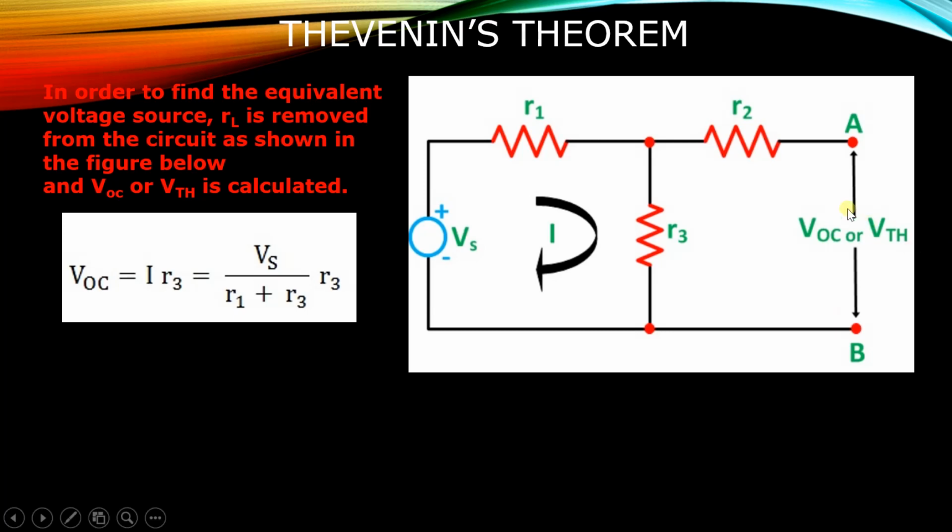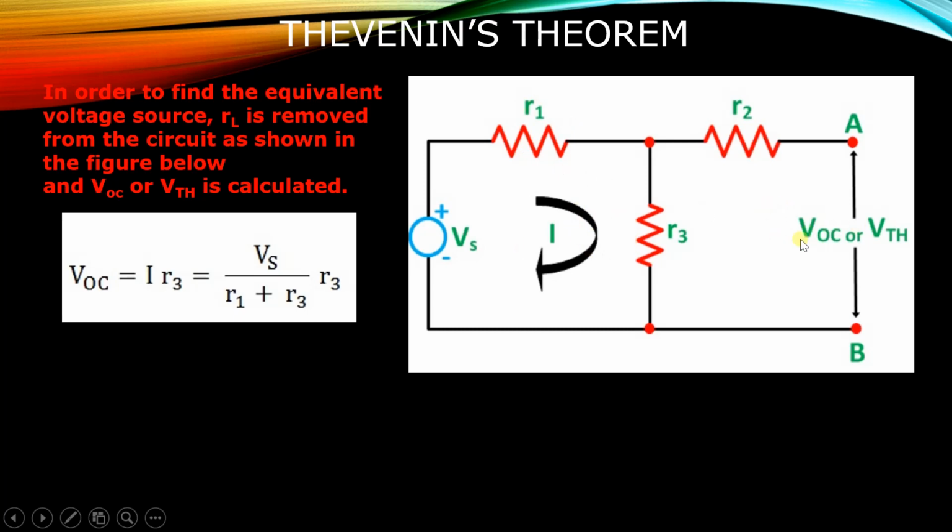When we remove the load resistance, the A and B terminals become open circuit, and then R2 is not considered in the circuit, and R1 and R3 become parallel with each other because of this node.